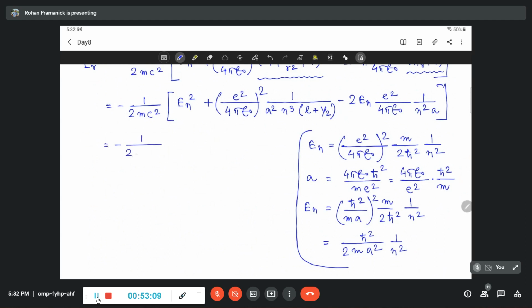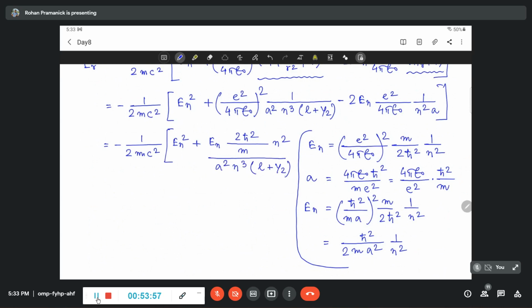Minus 1 by 2m c squared, you have n squared plus, if I replace this e squared by 4 pi epsilon 0 squared, then this becomes n, and there is 2 h cut squared by m, and there is n square, and you have to divide it by a square n cube l plus half.